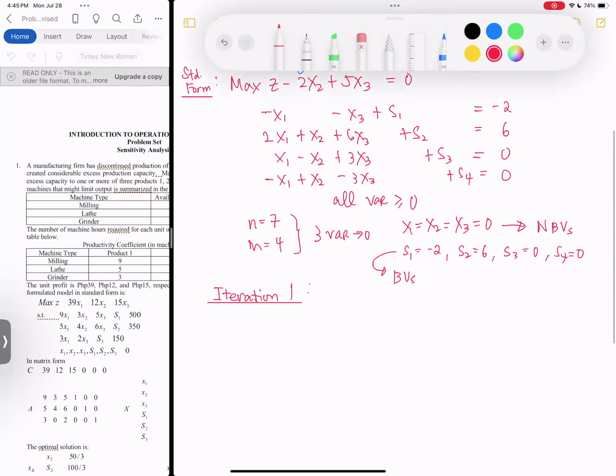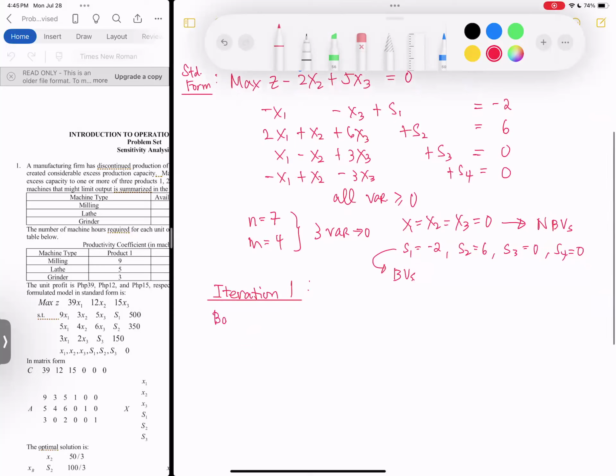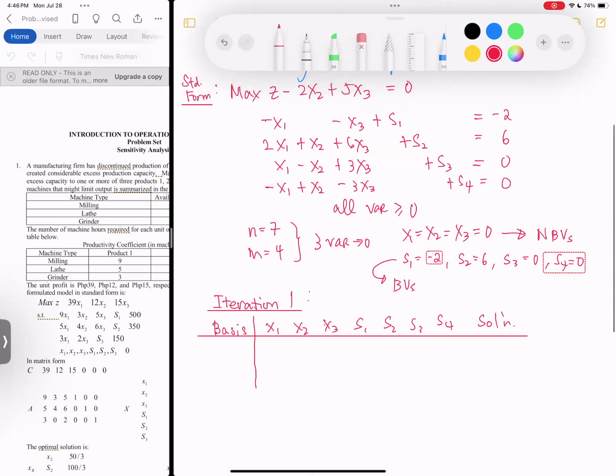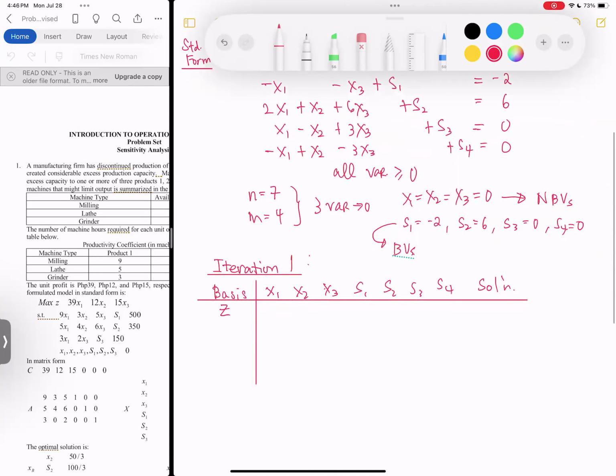Okay, so you have your basis. And then you have your x1, x2, x3, s1, s2, s3, s4, and your solution column. So here you have your z and your basic variables, which are, what are your basic variables?